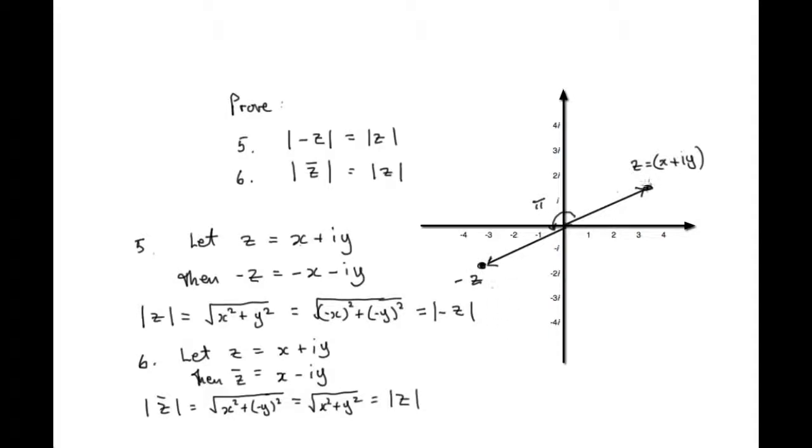There's negative z, and the distance is the same. And remember the conjugate, z bar, which is x minus iy, we got from z by reflecting in the real axis. So these points are all the same distance from the origin. They all lie on a circle which has radius modulus of z. Modulus of z is this distance here.